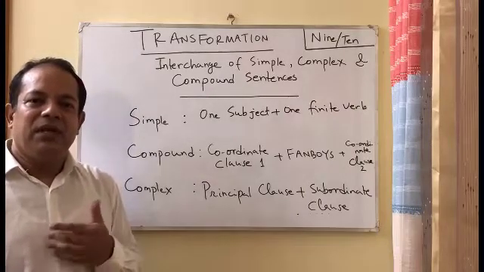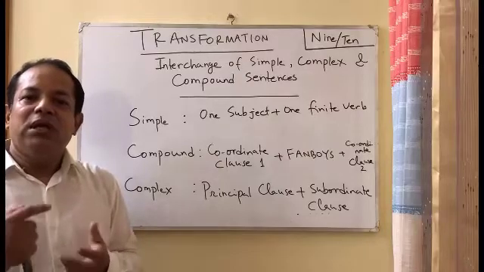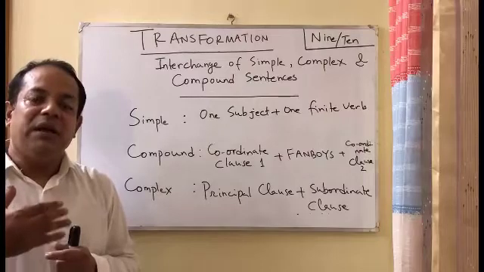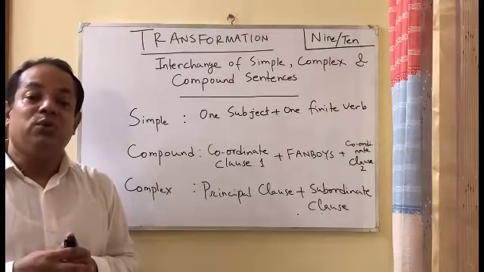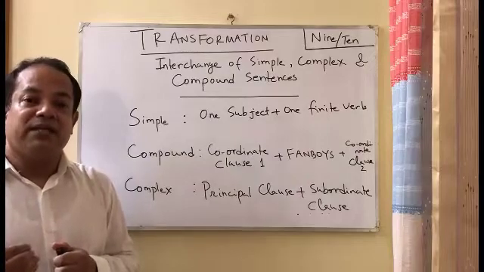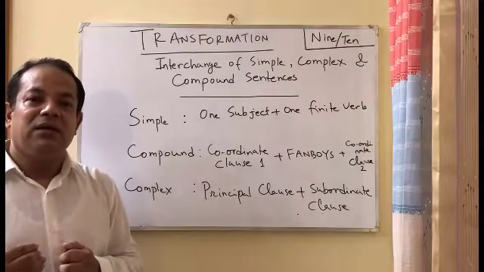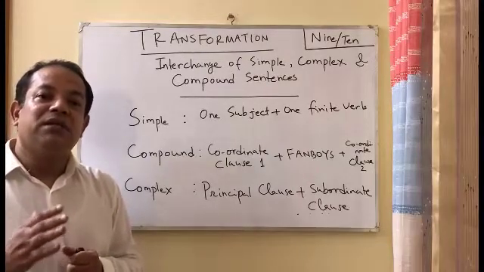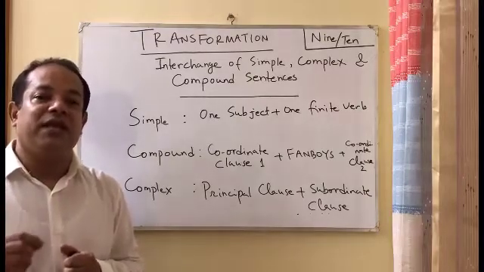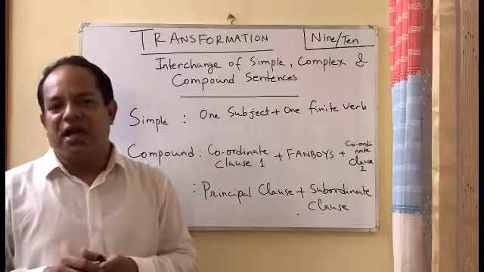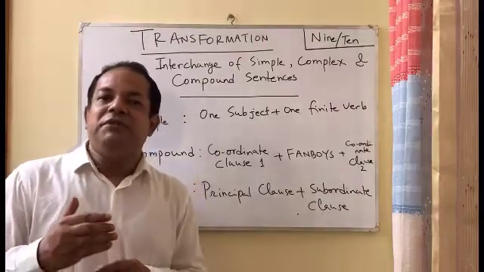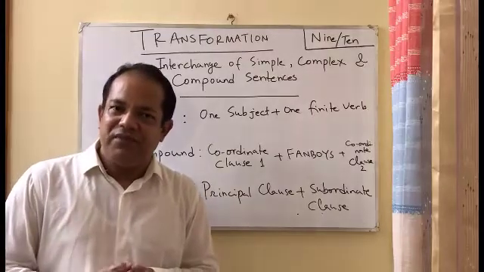So you must know the differences among these sentences. Actually, what is the difference between simple, compound and complex? That means you must have the knowledge about identification of each sentence. If you can identify each sentence separately, then it will be easy for you to go for change.